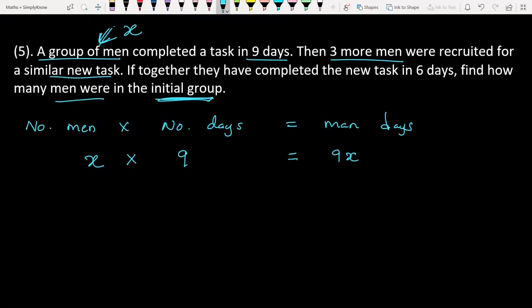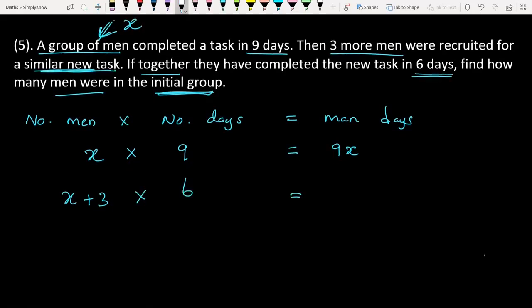And for the next group, what happens? 3 more men were recruited. And together means this X number of men plus 3 more men. So X plus 3. If they work for how many days? 6 days. This new group of men also work for a similar task.